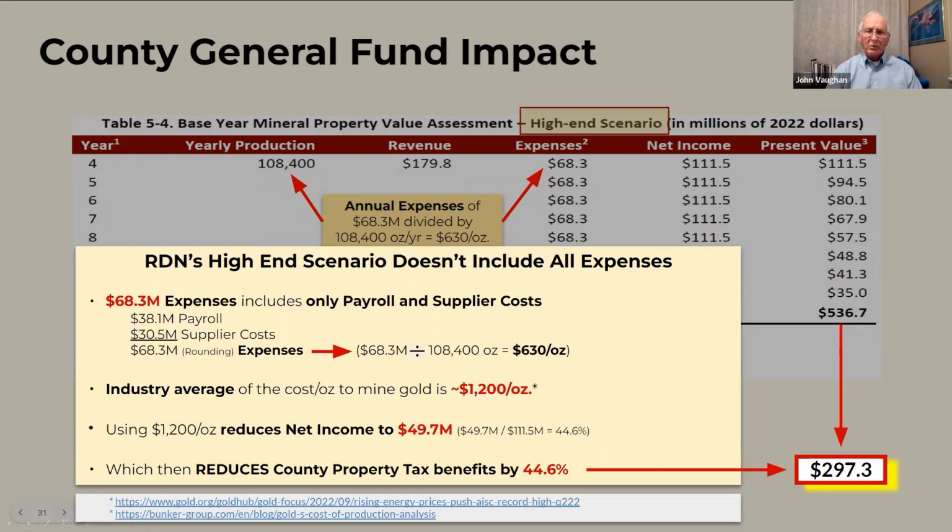The industry average to produce an ounce of gold is approximately $1,200, likely because they've included all the costs. Using the industry average of $1,200 an ounce to compute annual expenses reduces net income, which in turn reduces county property tax benefits by almost 45%. The county general fund impact is then about half of what is shown in the report. Next slide, please.